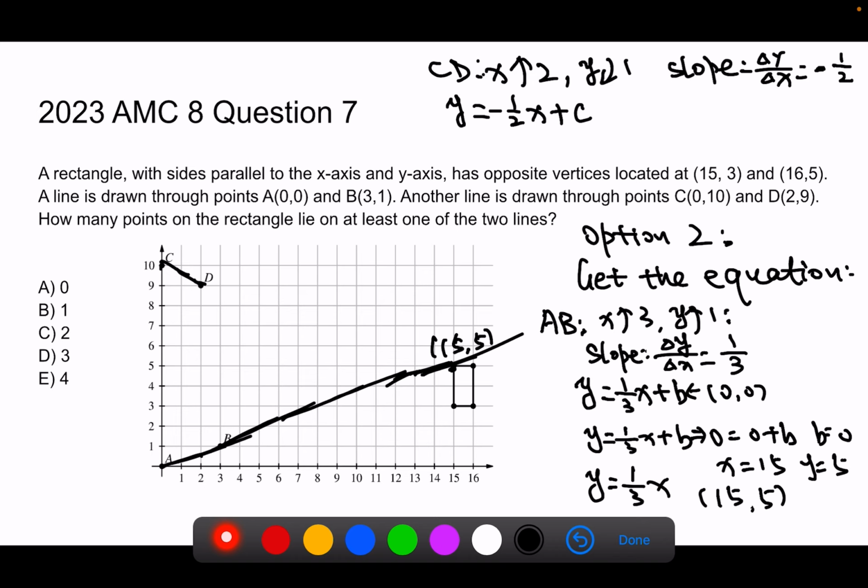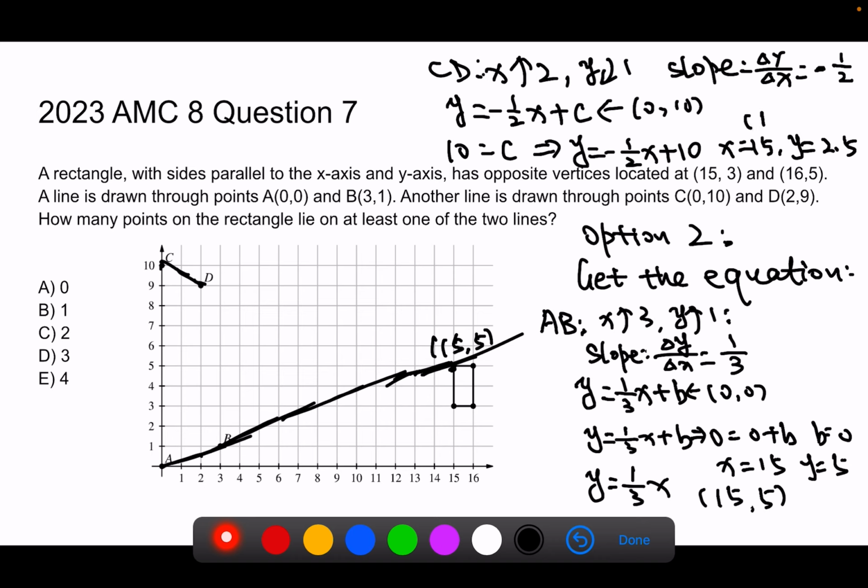Similarly, put 0, 10 into this equation. You get 10 equal to c. So the equation of the line is y equal to minus 1 over 2 x plus 10. Very similar, you put in x equal to 15, y is equal to minus 7.5 plus 10, so it's 2.5.